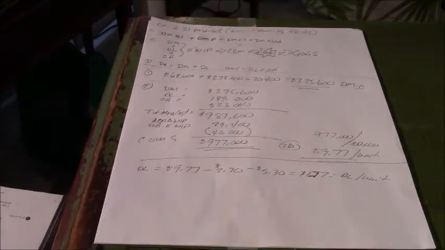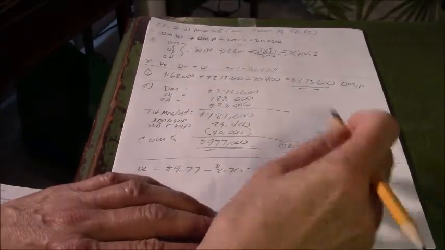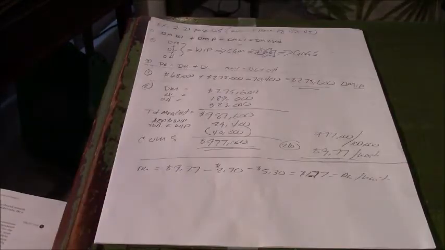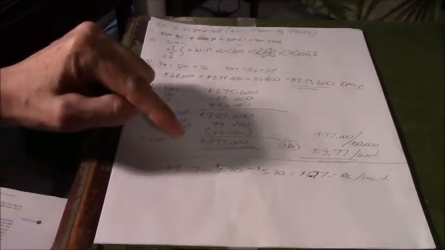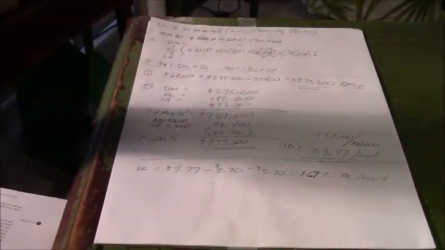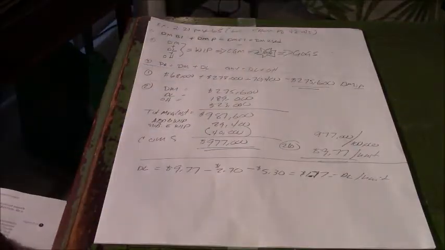That was just a little step I had to do because they didn't tell me the direct labor per unit, but I used my logic. I said, well, if the total cost per unit is direct materials, direct labor, and overhead, and I have direct materials and I have overhead, the difference has to be direct labor.